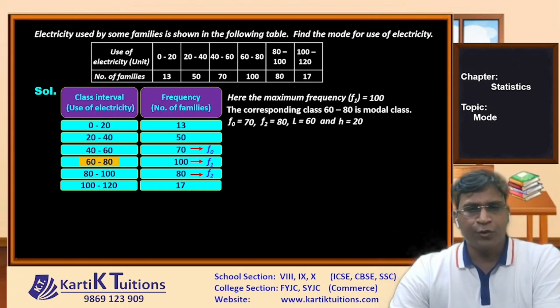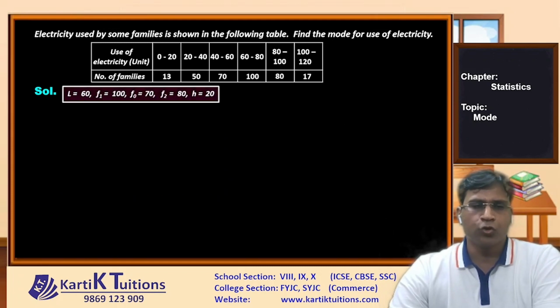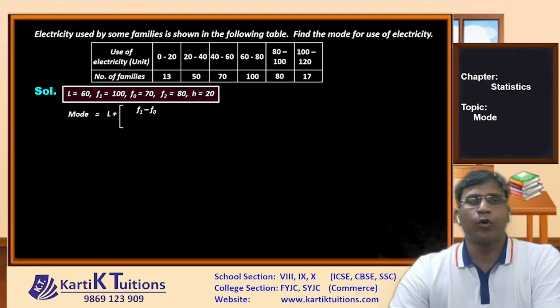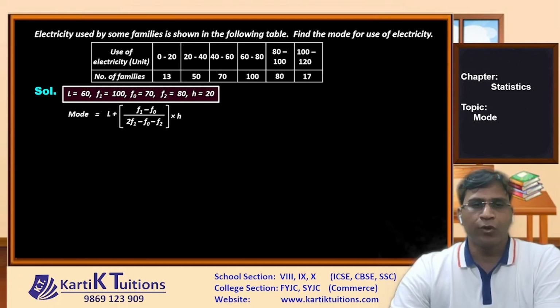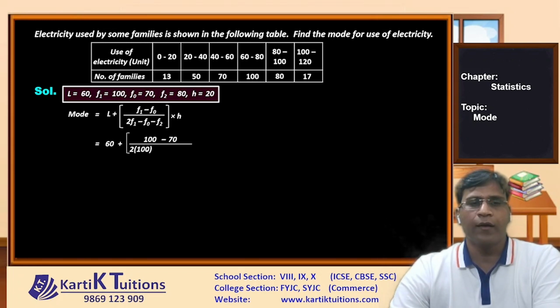Now it is only substitution. So let's go for the formula, a small, cute formula. The formula is L plus (F1 minus F0) upon (2 F1 minus F0 minus F2) into H. Now let's substitute the values. L is how much? 60. So 60 plus (100 minus 70) upon (2 into 100 minus 70 minus 80) into 20.